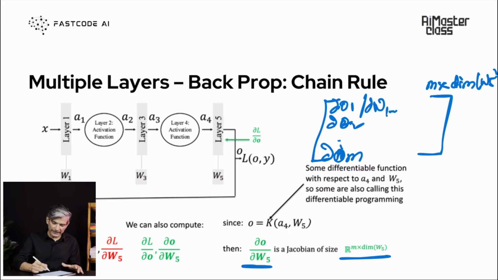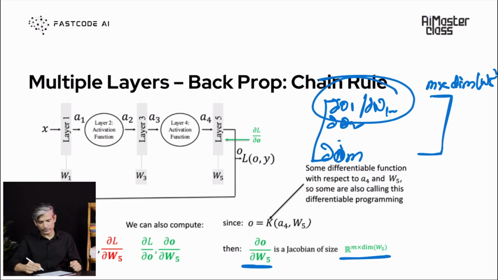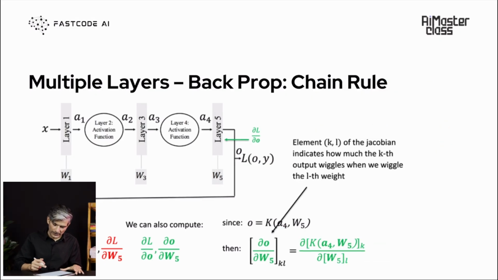And what does any of these components signify? Each element kl of this Jacobian that we just calculated indicates how much the kth output will wiggle when we wiggle the lth component of the weight.